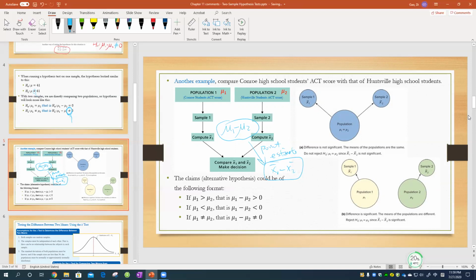The population mean difference is what we're interested in, and we use the point estimate, the sample mean difference, to represent the population mean difference. Now we actually want to look at the sampling distribution for this mean. What distribution does it follow?